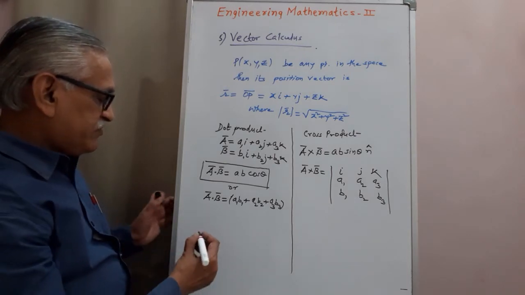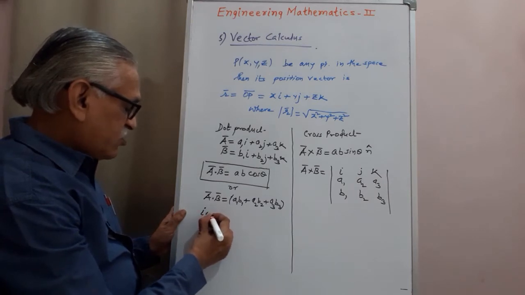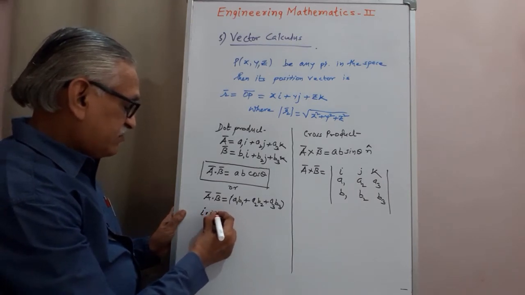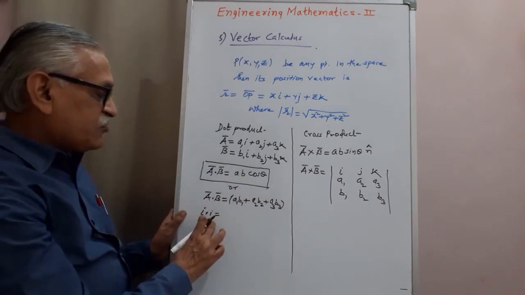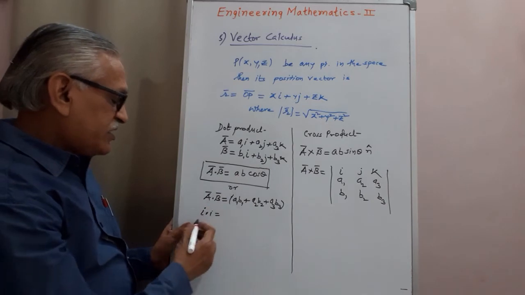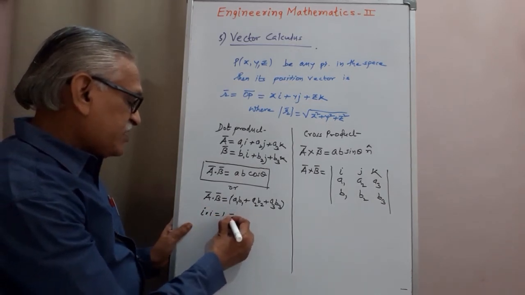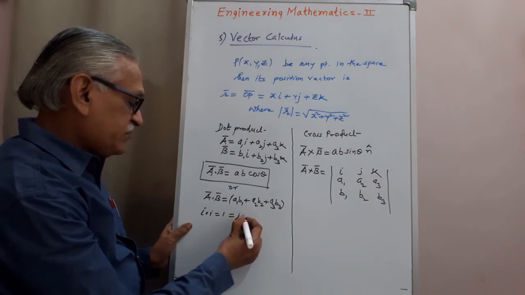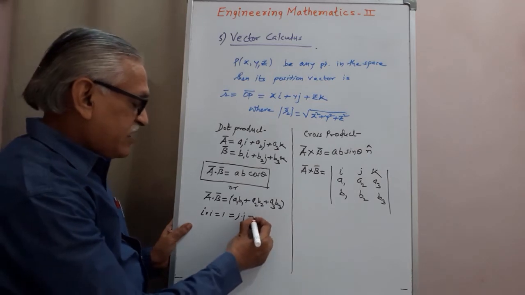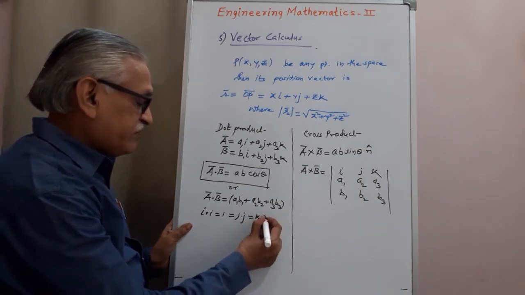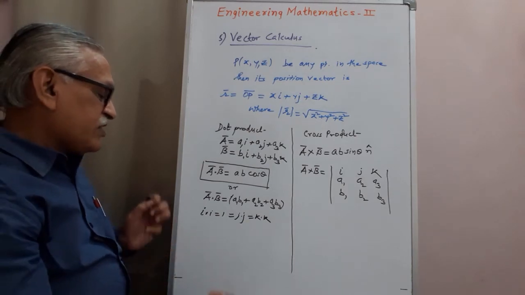Then the properties. Vector i dot vector i: the angle between the same two vectors is 0, cos 0 is 1, and therefore we get the product as 1. The same for j dot j, which is also 1, and k dot k, which is 1.